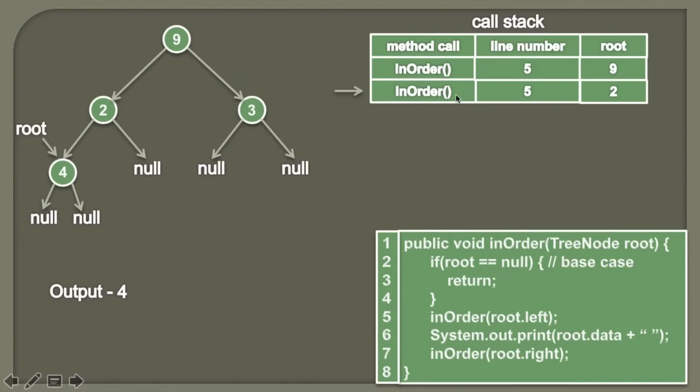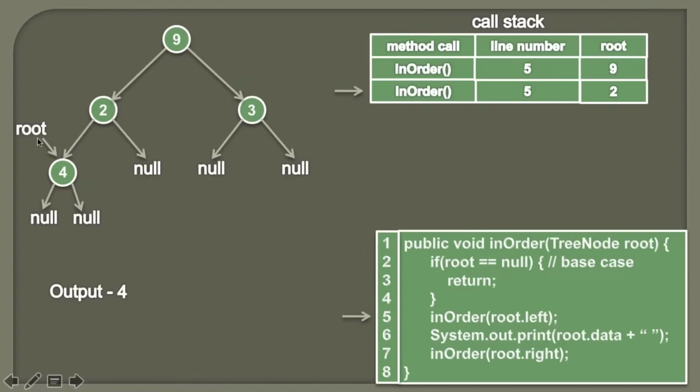So now call will go to this in-order method, and we know that we had left this method from the line number 5. Therefore the execution point will start executing after the line 5. And we also know that when we were executing this in-order method, at that time root was pointing to node 2.